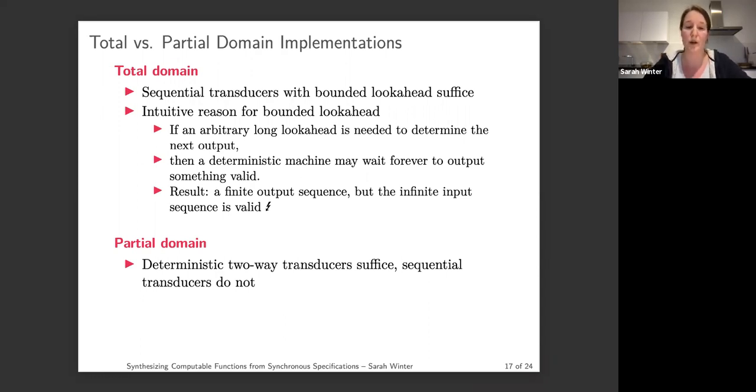It can't remember how long it has waited in order to see the signal A or B. So we have to use deterministic two-way transducers, which have infinite memory in the sense that they have access to the whole input, by going back to the left or right. And unbounded look-ahead may be necessary, for example in the example I've shown you a bunch of times now.